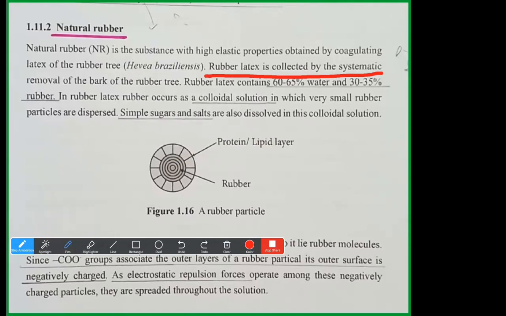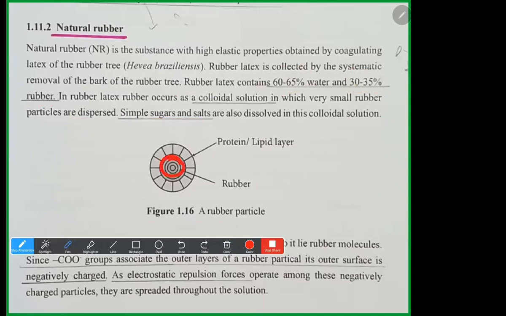In rubber areas, we have rubber estates. Rubber latex contains 60 to 65% water and 30 to 35% rubber. In rubber latex, rubber occurs as a colloidal solution in which very small rubber particles are dispersed. Simple sugars and salts are also dissolved in this colloidal solution.